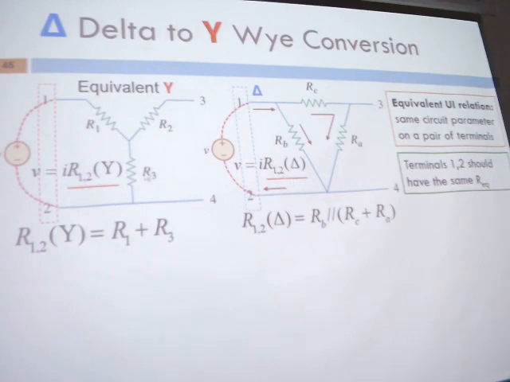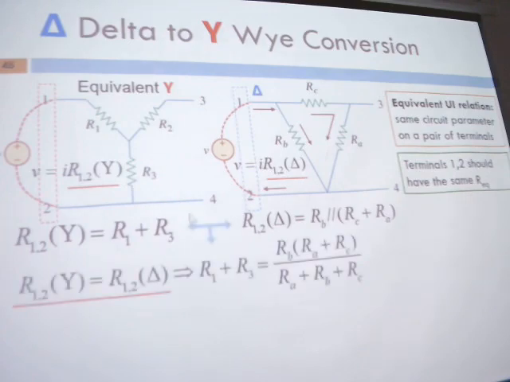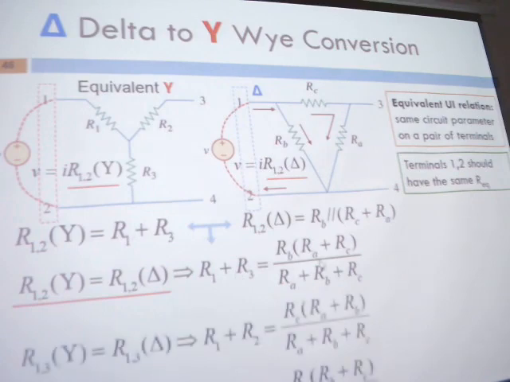Because now they have the same form. The next step, we just need to make them have the same value. So our R1 plus R3 should be equal to this one. Similarly, for port 2, 3 and port 1, 3, we also have similar results.